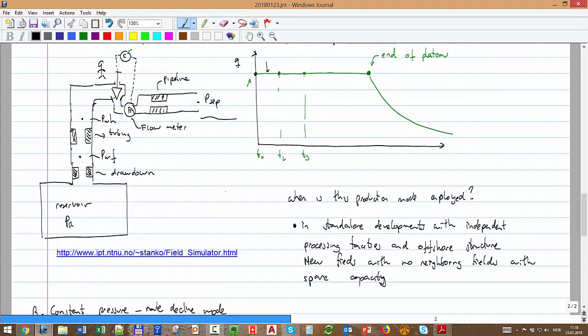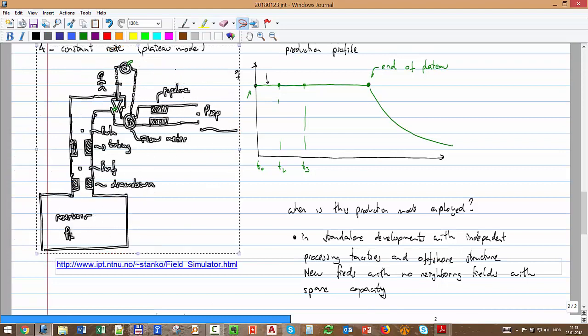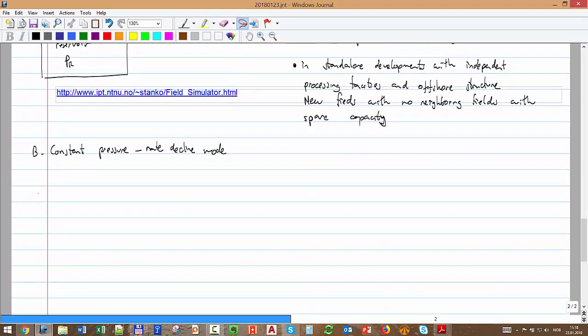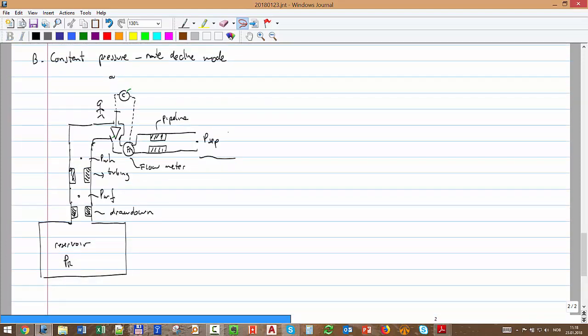Okay, and I'm going to take again the same system. But now I'm not going to measure the rate, but I'm going to measure actually the pressure.